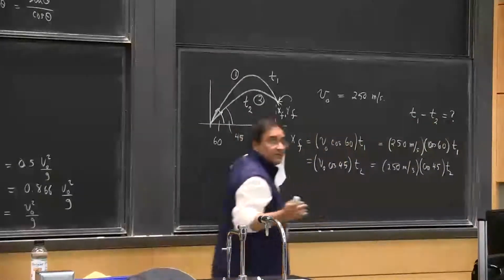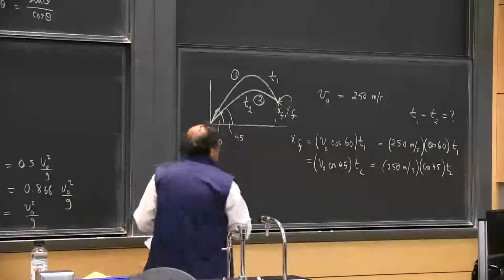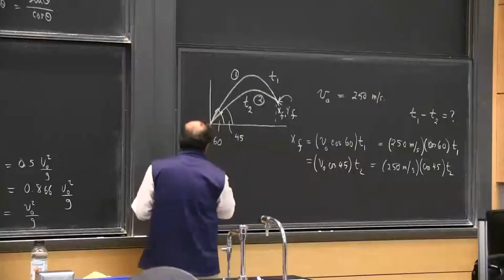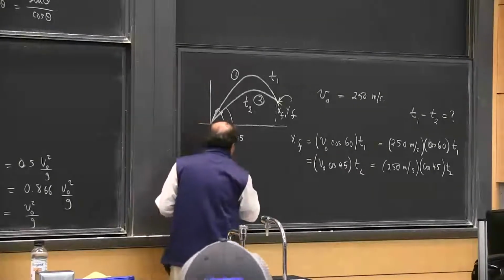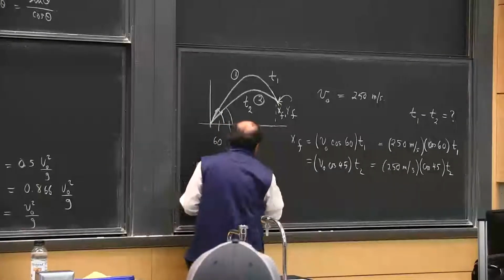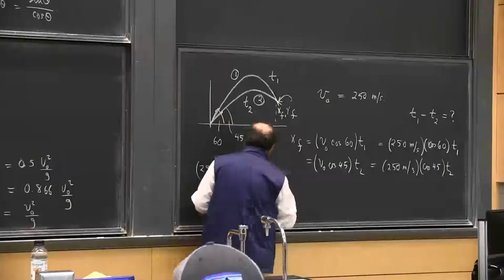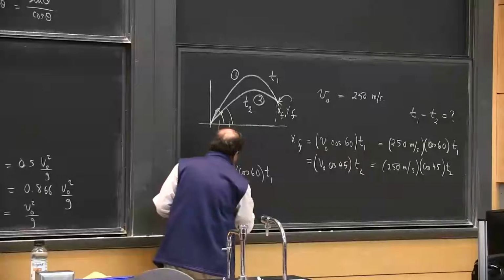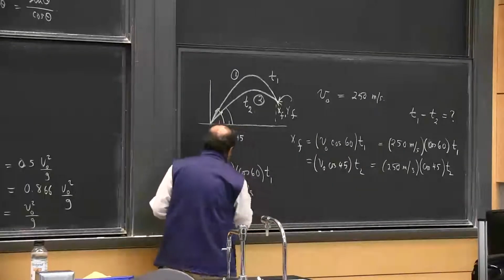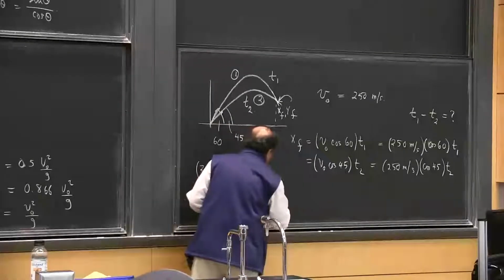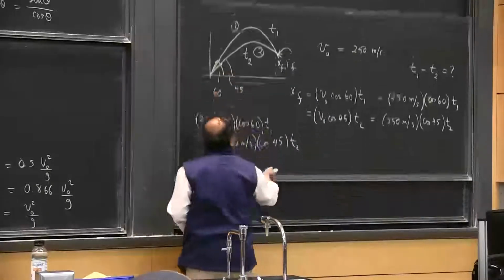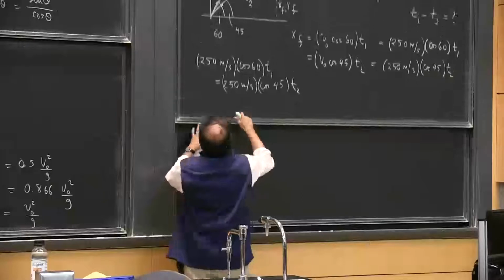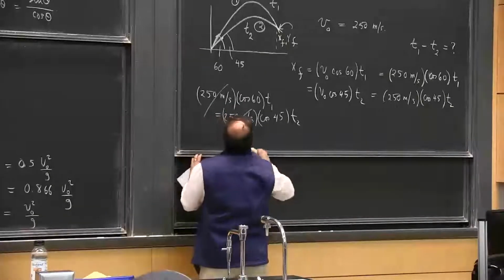So since xf is the same in both cases, I should now be able to write 250 meters per second cos 60 times T1 is equal to 250 meters per second times cos 45 times T2. Since 250 and 250 are the same in both cases, that cancels out.